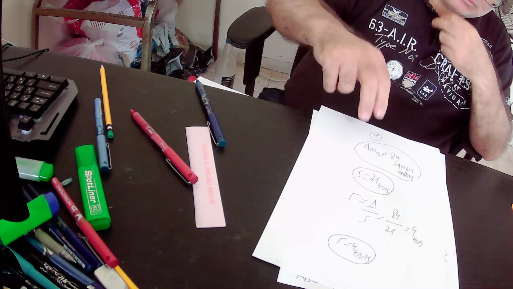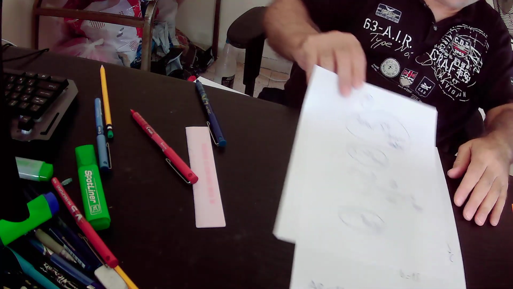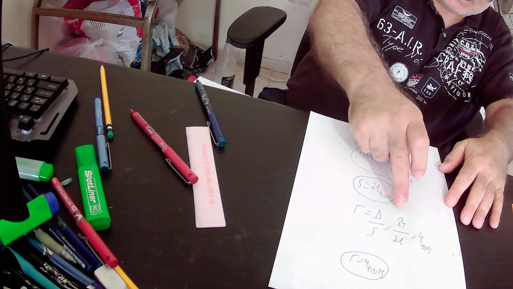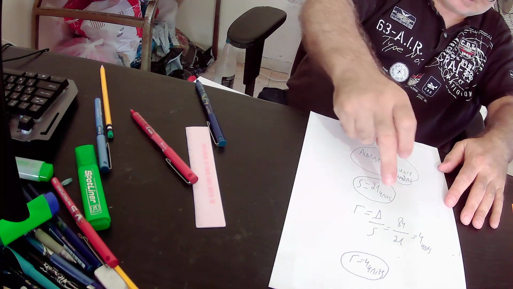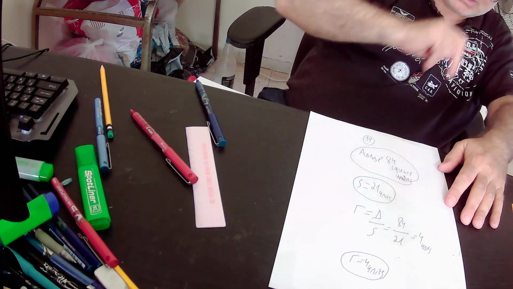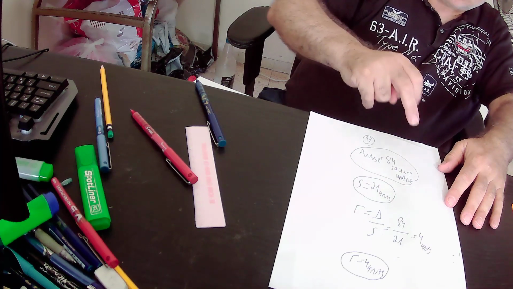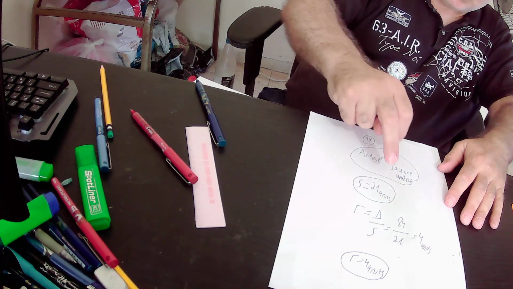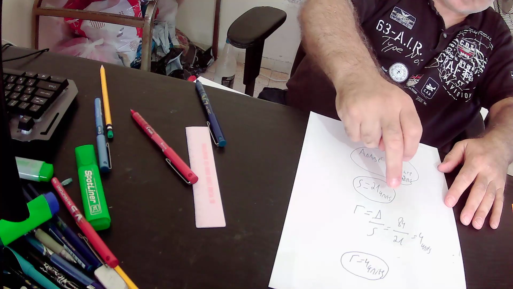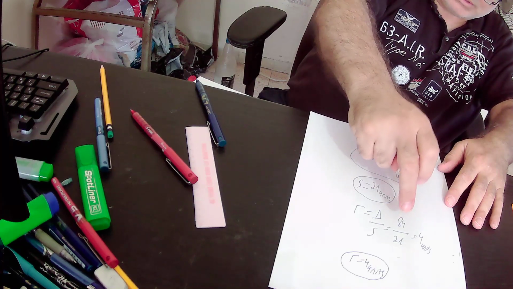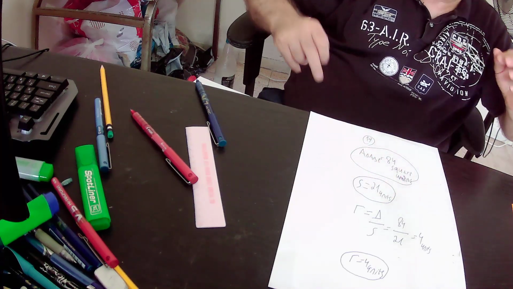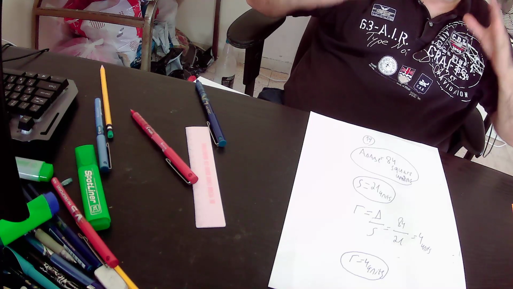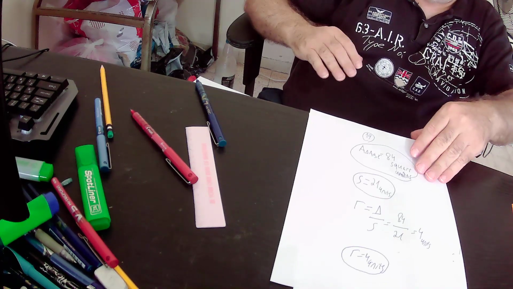So the radius of the green circle equals the area, 84 square units, over the semi-perimeter, 21 units. So the radius equals 84 over 21, that is 4 units. The radius of the green circle equals 4 units.